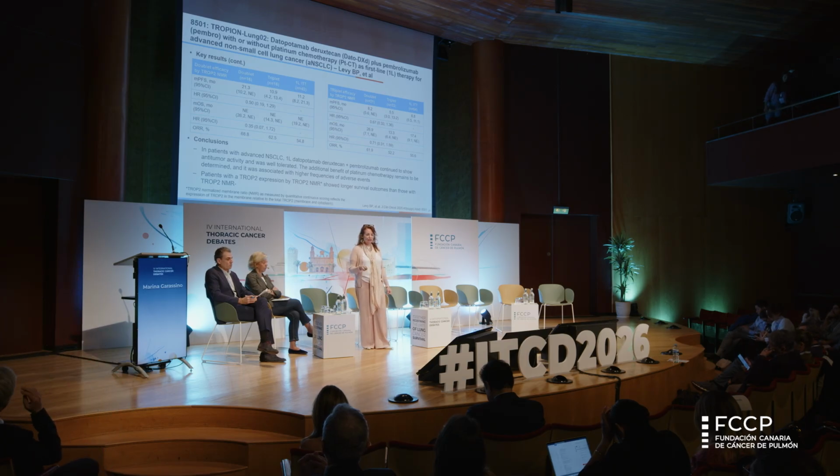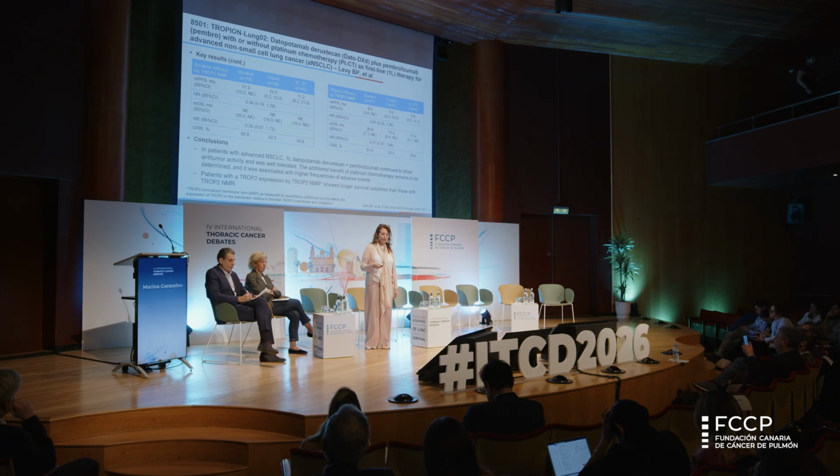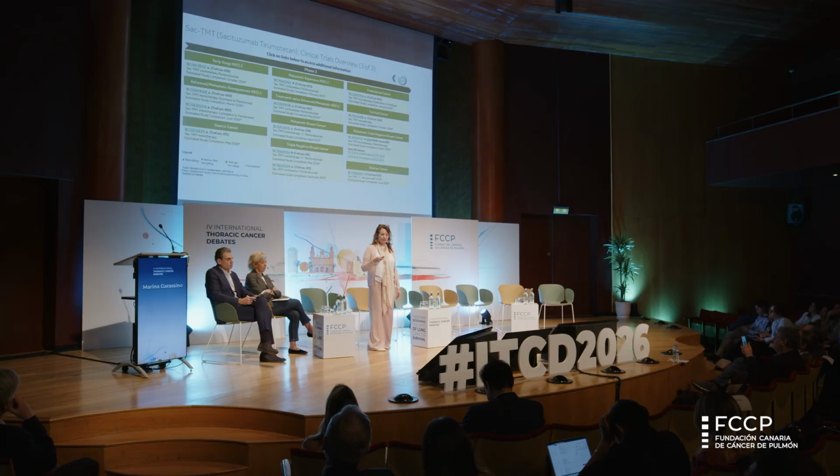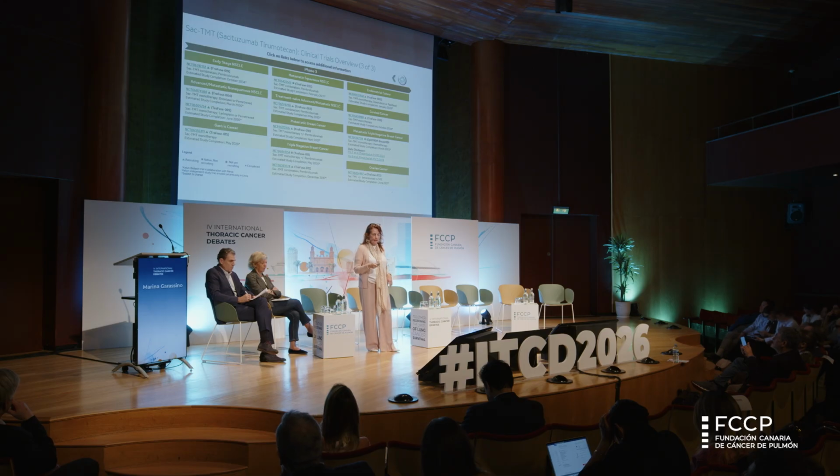What is very interesting is that also in the first line, there was a subgroup analysis with the Trop2 NMR that we will see in a moment, suggesting that maybe we will find a biomarker that will be able to select who are really those patients who can benefit of this drug. Again, also for SAC-TMT, there are many trials that are ongoing in the space of the squamous non-small cell lung cancer, in particular in the maintenance phase, and also in the space of the metastatic non-small cell lung cancer.